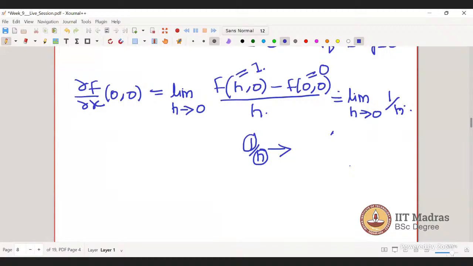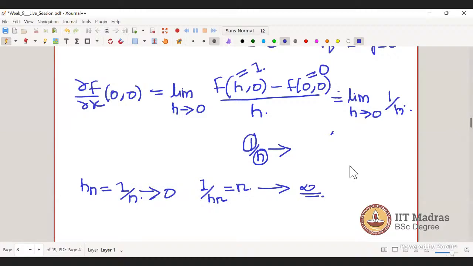For example, if you take hn equal to 1 by n, then what will be the value of 1 by hn? This is n, right? So as hn tends to 0, this diverges to infinity. It doesn't exist.